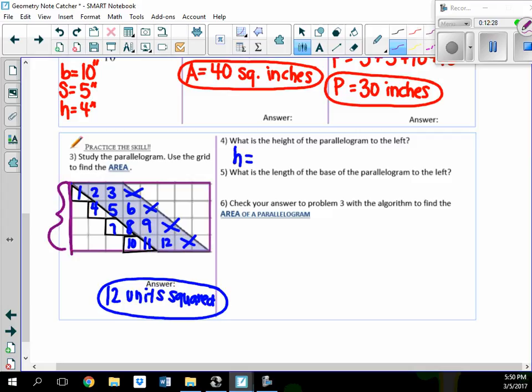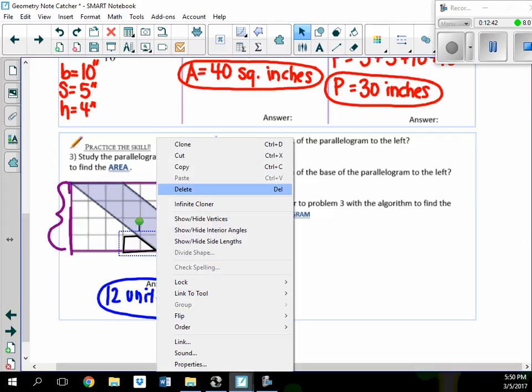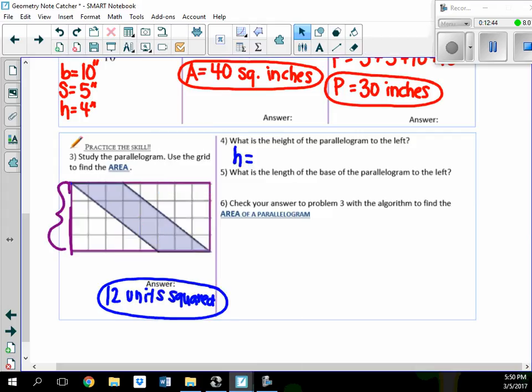Let me erase some of these other figures just so we don't get confused. And I'll delete these triangles as well. So our height would be 1, 2, 3, 4.